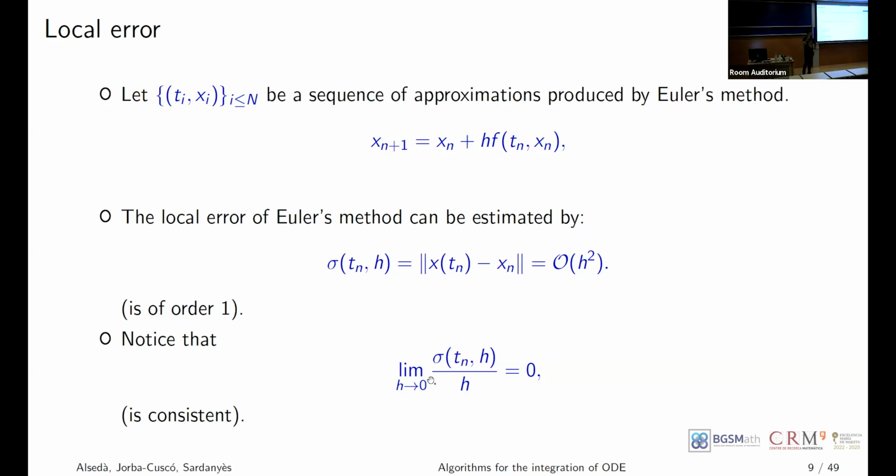And this is the least thing we could expect from a method that computes the solution of an ODE, because the error goes to 0 if the step goes to 0. So that's something you need. But this has a name. If this happens, the method is called consistent. Okay, this is just jargon. Now it is trivial, but at some point we will require this.